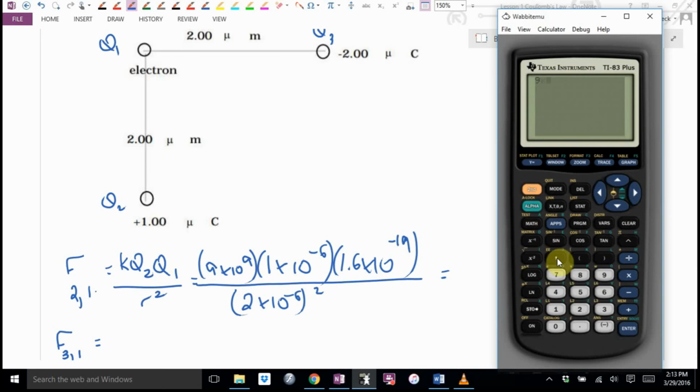9 times 10 to the 9th times 1 times 10 to the negative 6 times 1.6 times 10 to the negative 19, divided by 2 times 10 to the negative 6 squared.